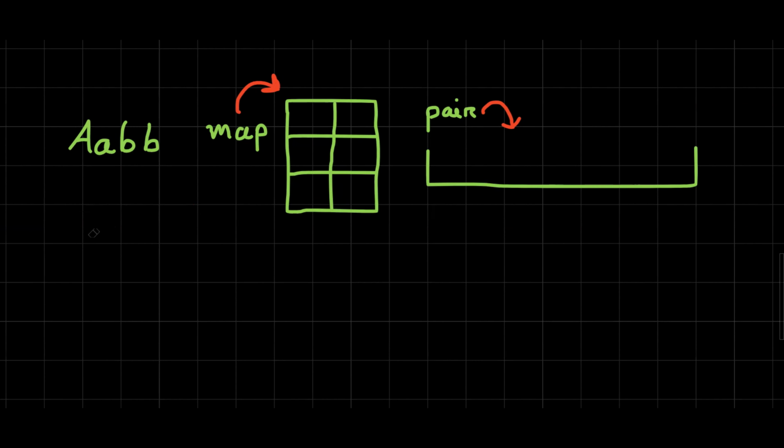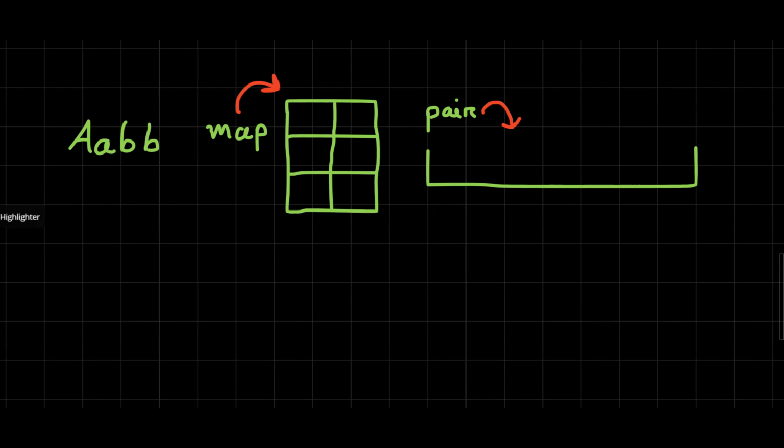Now, how can we solve this problem? As we have to determine which characters appear the most times and which characters appear the least times, in this kind of problem we have to determine with the frequency.